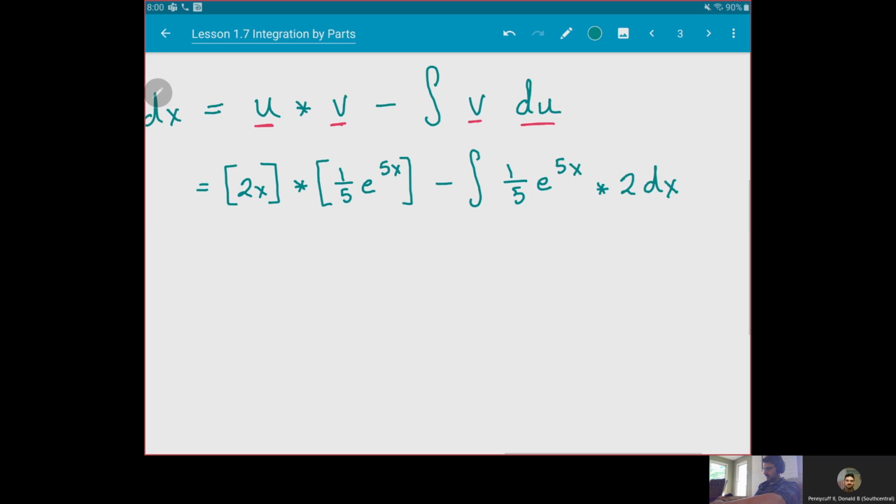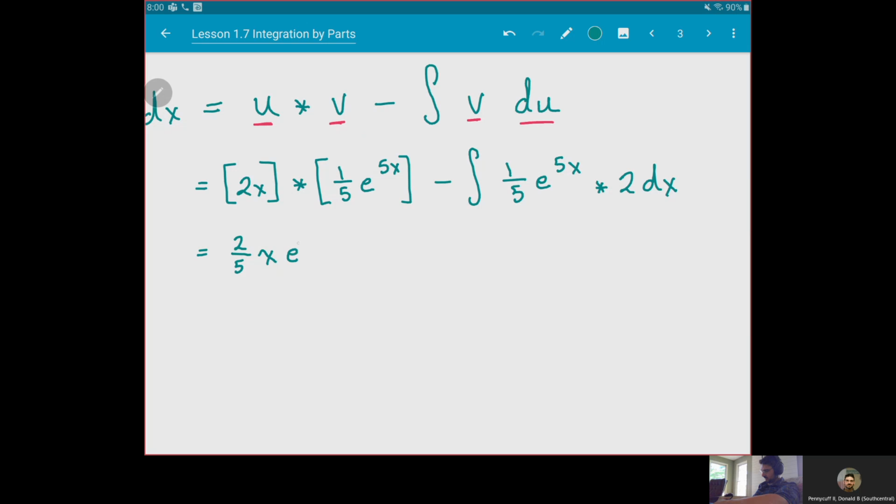Okay, so I've got everything plugged in. The stuff out front is just going to be simplified. Nothing more, nothing less. So this is going to be 2x, well, 2/5 x e to the 5x.